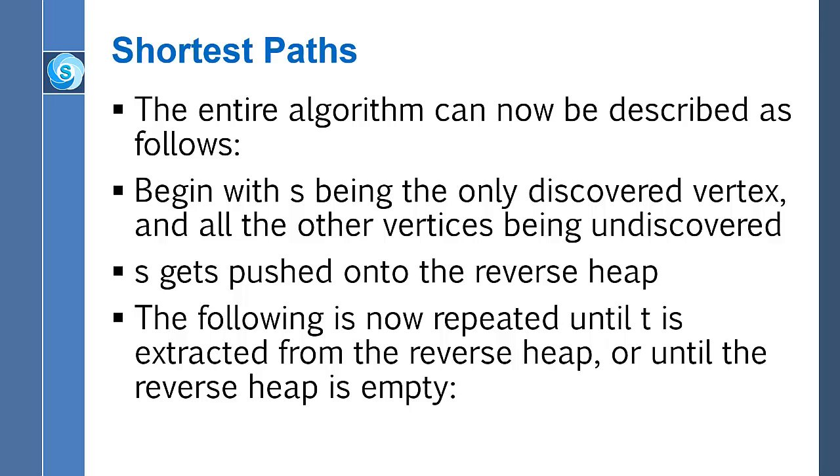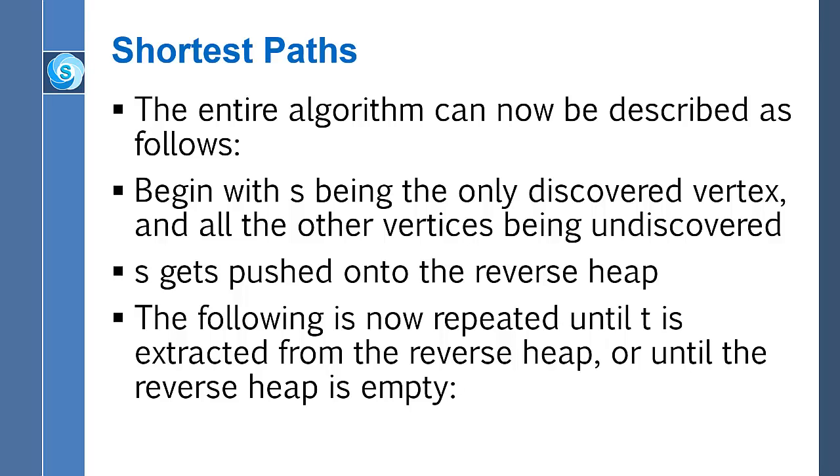Okay, and follow this. Do the following in a repeated fashion until T is extracted from the reverse heap, or until the reverse heap is empty. If we extract T from the reverse heap, we'll have arrived at T, and we'll be ready to process T, and we'll know that T dot d will be the true distance from S to T at that point, and it'll be time to quit.